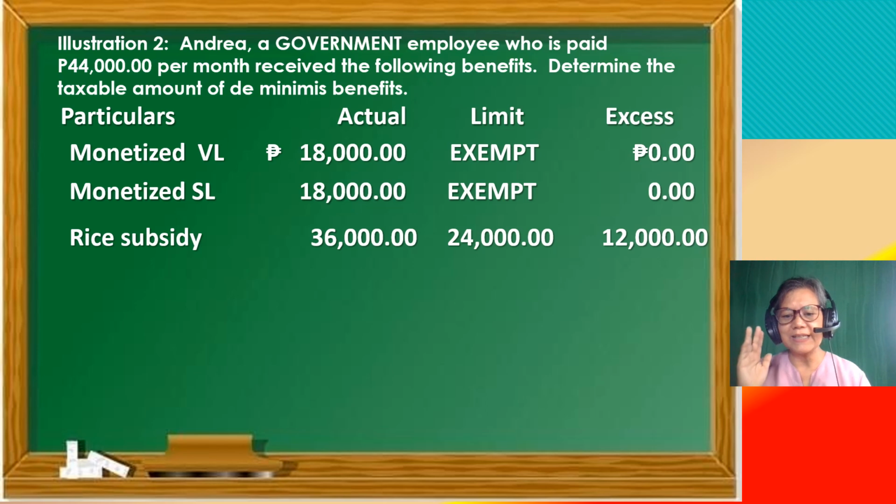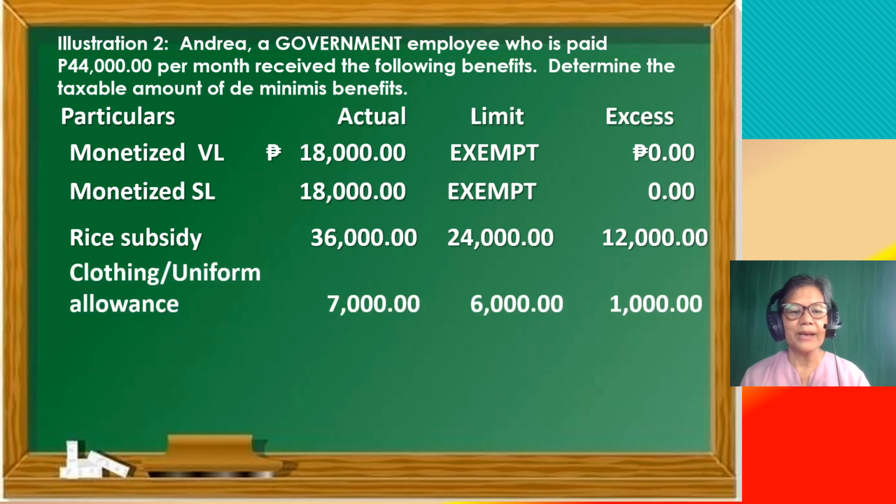Therefore, there is an excess of 12,000. Why? Because actual is greater than the limit of 24,000. Next, clothing or uniform allowance. Received 7,000. Limit 6,000. There is an excess of 1,000 pesos.